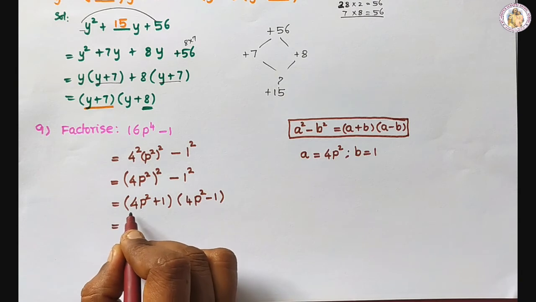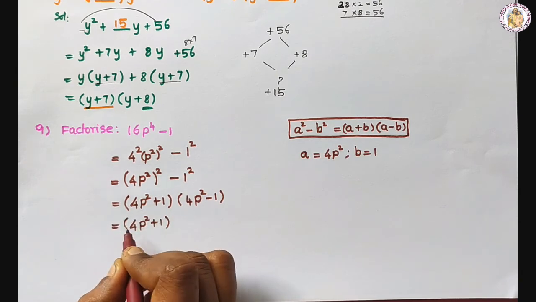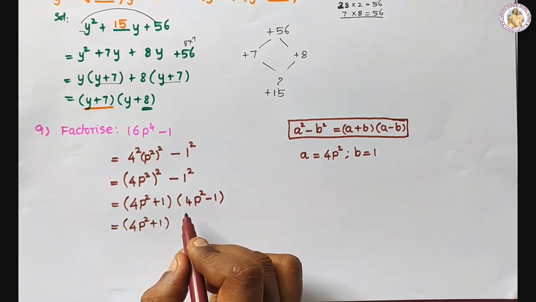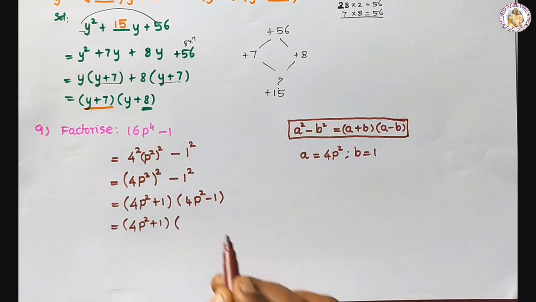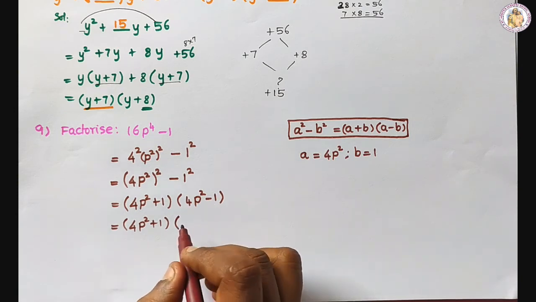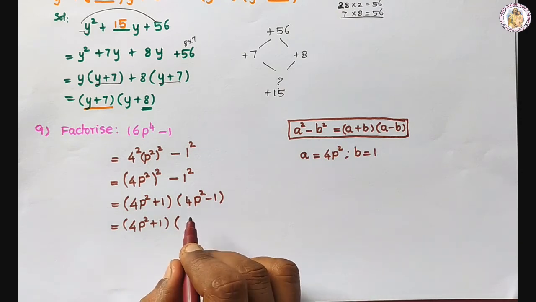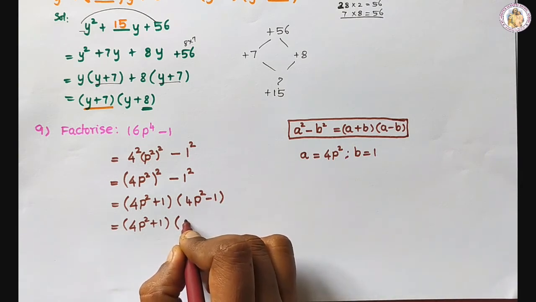Listen here, 4p squared plus 1, that cannot be changed anything, but 4p squared minus 1 again we have to change into a squared minus b squared format. We can change into a squared minus b squared format, right?